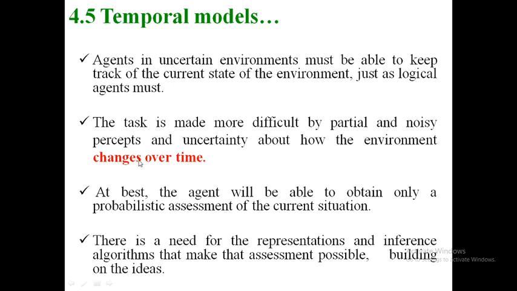Agents in an uncertain environment must be able to keep track of the current state of the environment, just as logical agents must. But whenever there are partial and noisy percepts, it is very tough to verify the changes in an unobservable environment. If that is the case, some changes may depend upon time, and that dependency can be verified by using time.